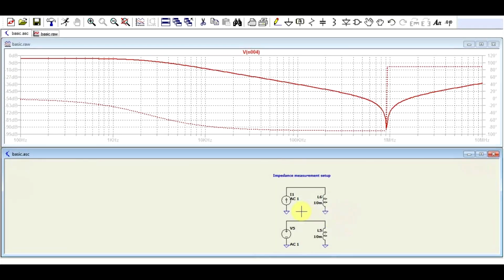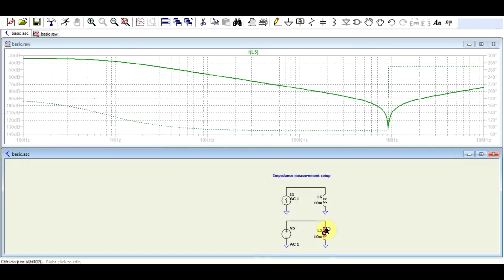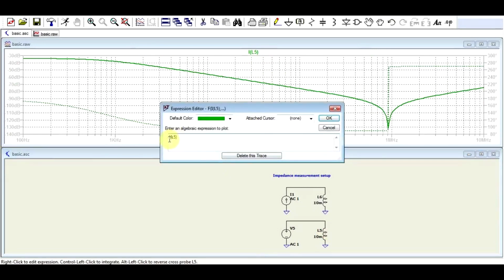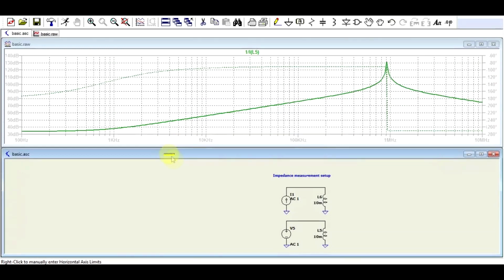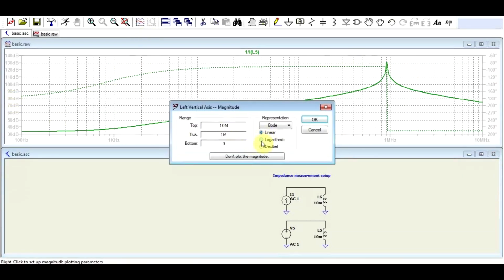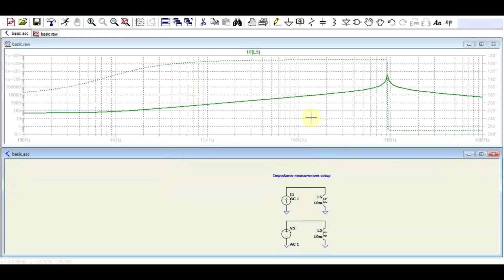So the impedance is the ratio between voltage and current. So you can either insert a standard voltage with an AC simulation into an inductor and not plot the current, but 1 over the current. So the voltage being 1 divided by the current, and you get this sort of plot, which of course you can set to logarithmic, and then you will get the value directly in ohms.